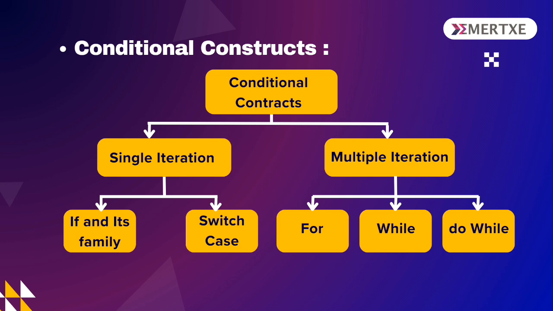While loop, it is used when the number of iterations is not known and depends entirely on condition. Do while loop, it is similar to while, but here the loop runs at least once before the condition is checked. These conditional constructs give our code flexibility and control. They help us to build logic that can adapt and make decisions dynamically.